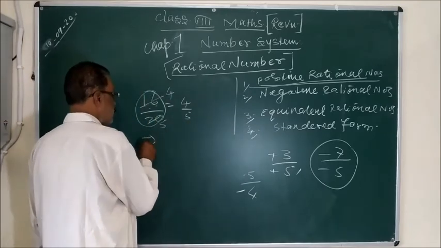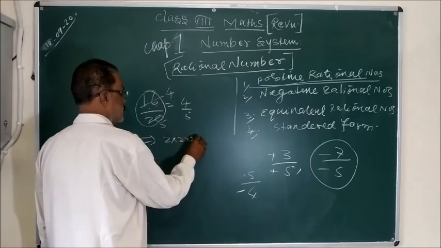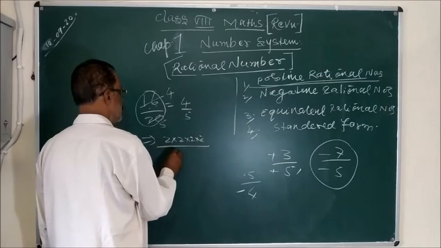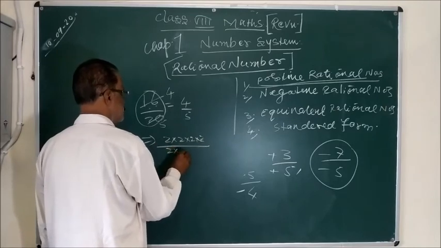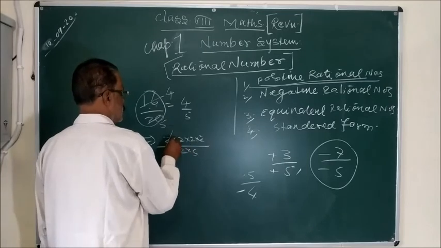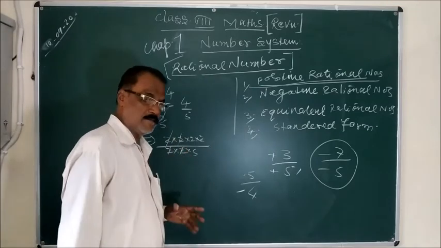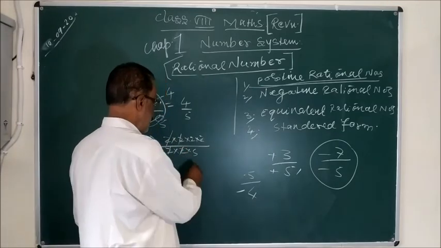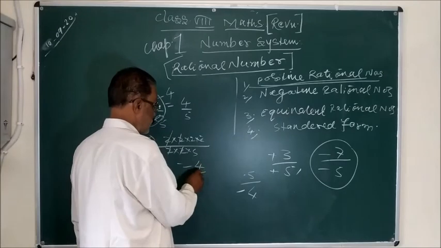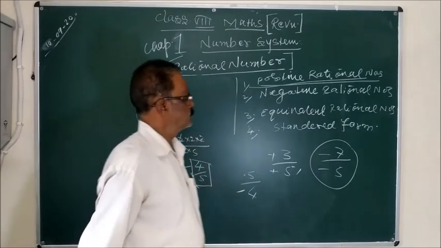Or otherwise, very simple, you change numerator into prime factors and change denominator into prime factors. Now you can cancel the equal factor and remaining will be the answer, 4 by 5. This is called a standard form.